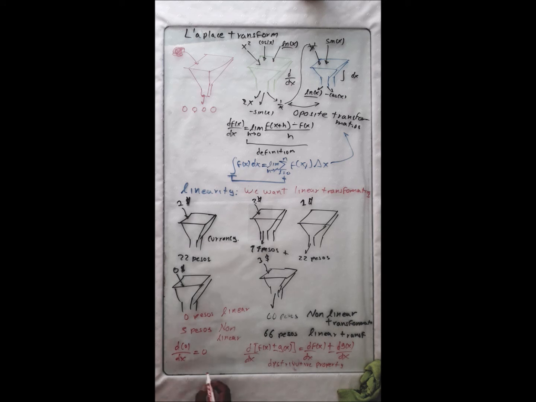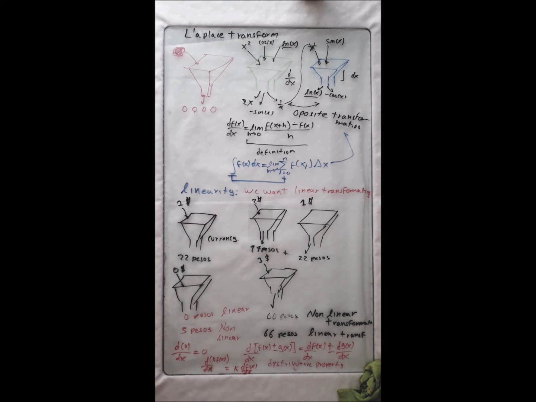And the last property, the derivative with respect to x of k times f of x is equal to k times the derivative of the function with respect to x. You should know this, commonly known as taking the constant outside of the operation.